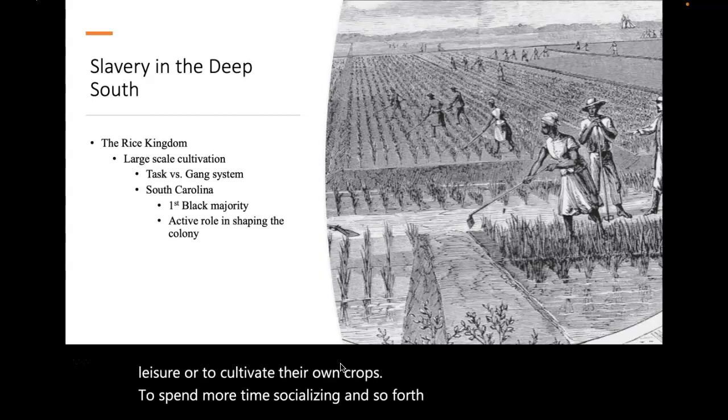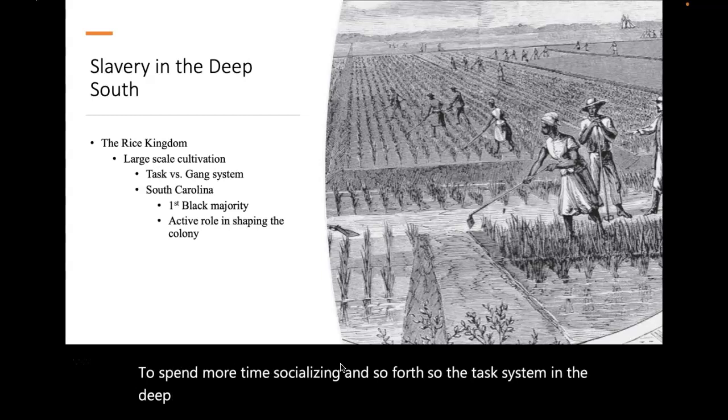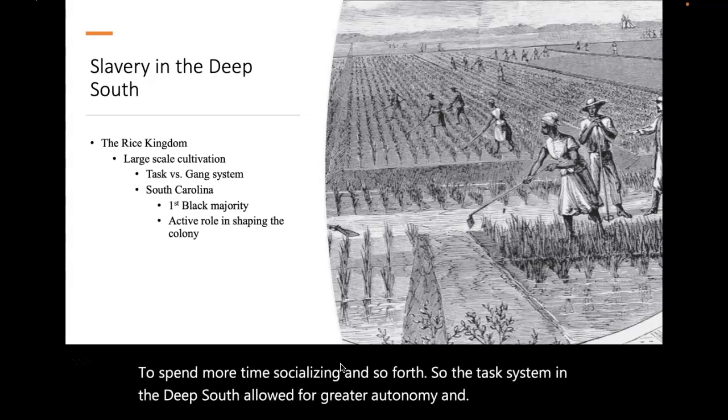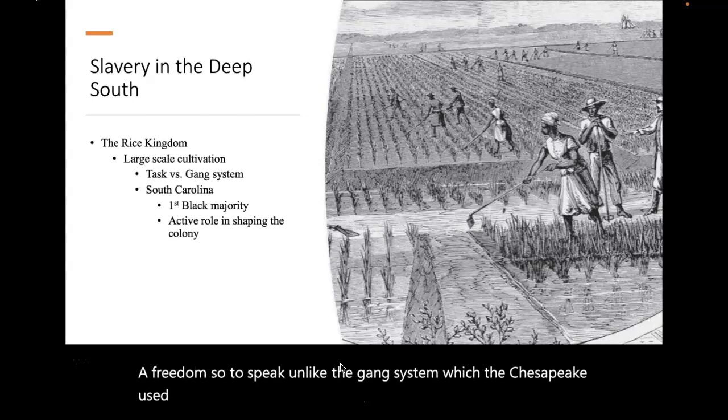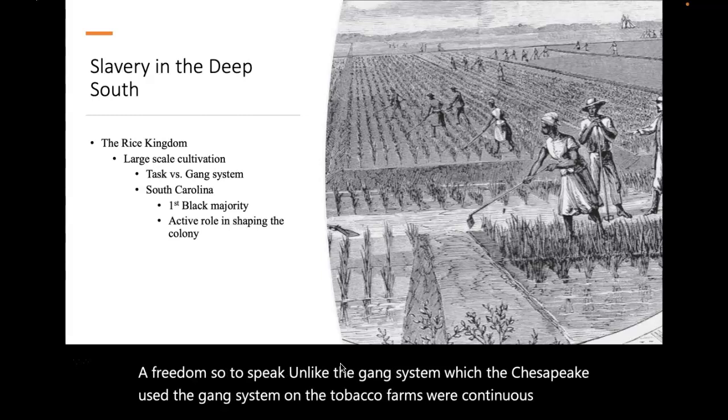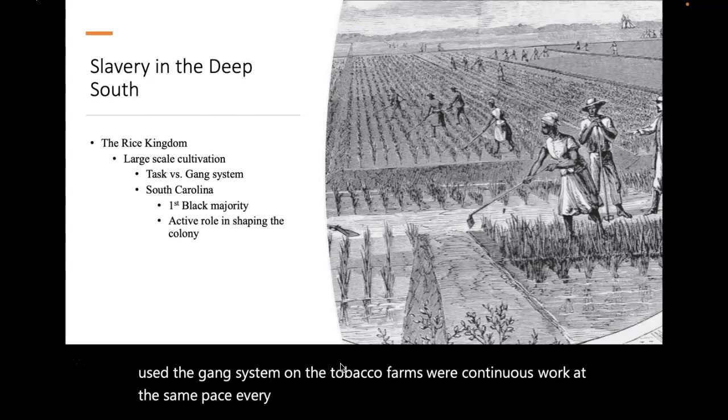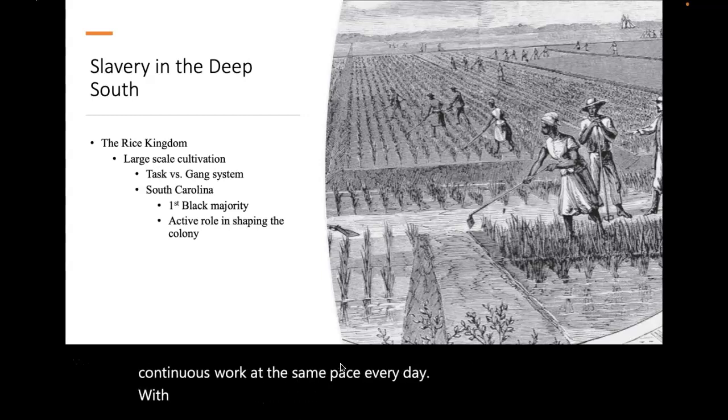So the task system in the Deep South allowed for greater autonomy and freedom, so to speak. Unlike the gang system, which the Chesapeake used, the gang system on the tobacco farms was continuous work at the same pace every day, with an overseer to keep them in line and punish anyone if they stepped out of line.